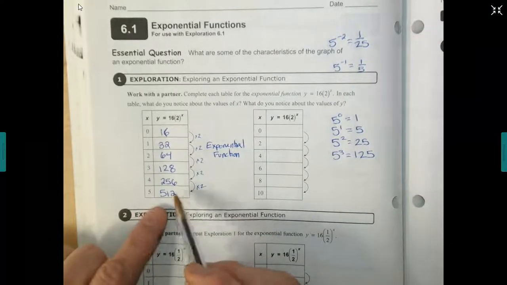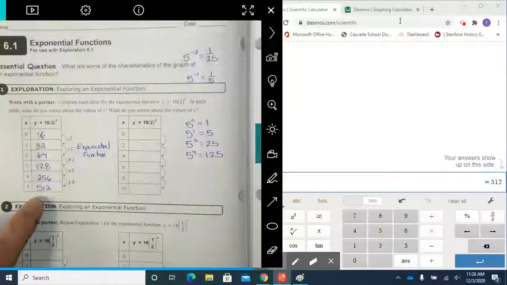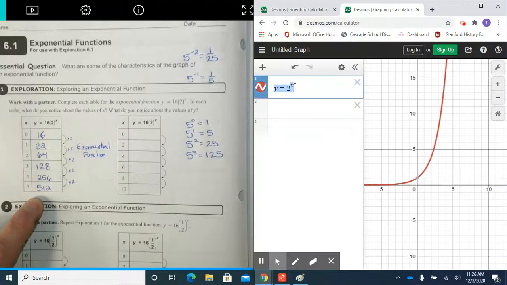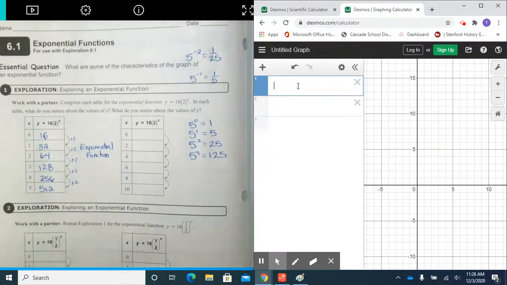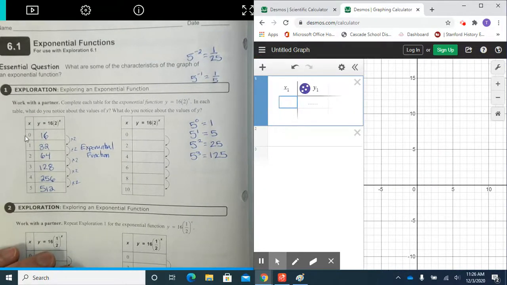So let's graph this one. How I would like to see you graphing it is you would log into Desmos, into your graphing calculator, and you're going to make a table. And for this table, we need 0, 1, 2, 3, 4, 5.